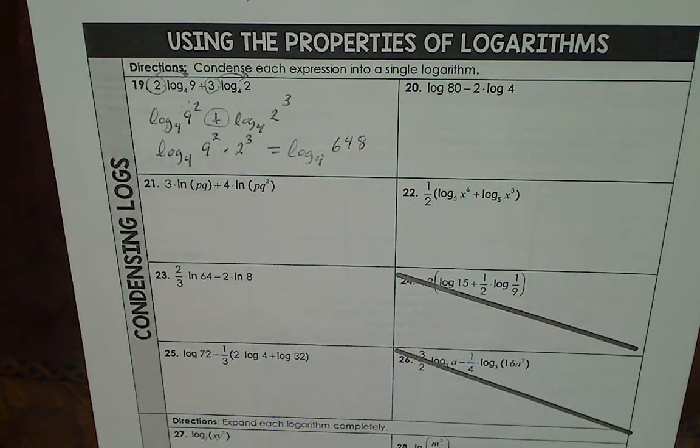So 81 times 8. Okay? And that's what you look for in addition and subtraction. Let's see, what else do I have here that I want to do?